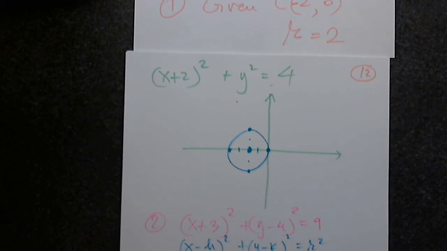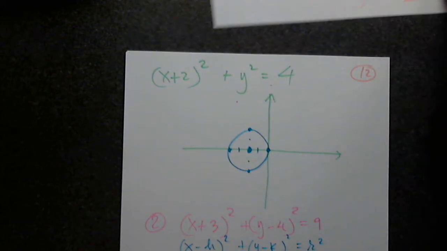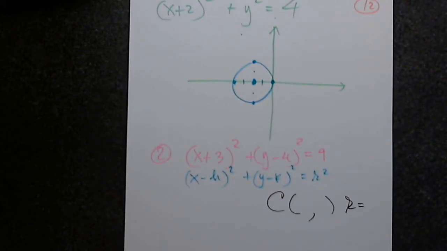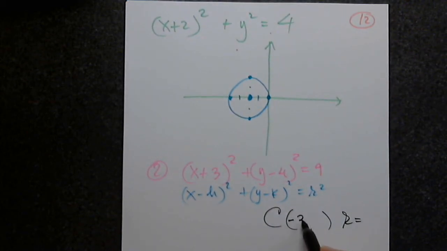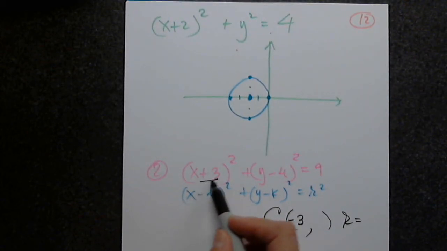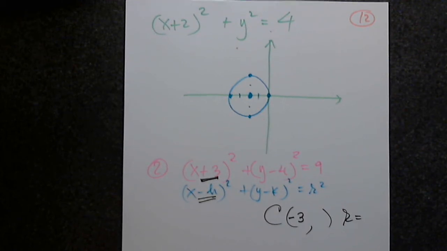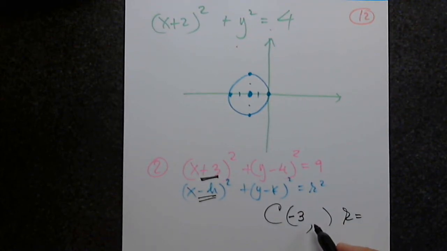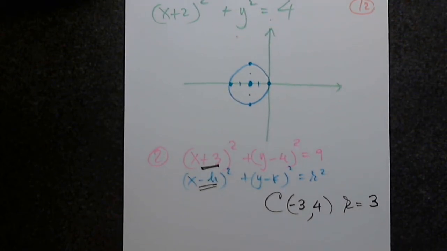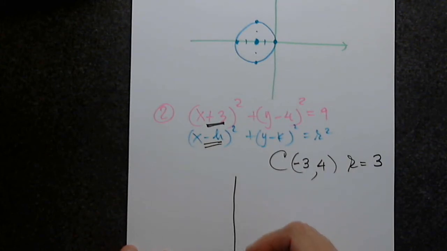If that's the case, let's identify the center and the radius. Very good, -3, because you compare these two and you know that h must be -3. Awesome. And k is 4, and the radius is? Well done.